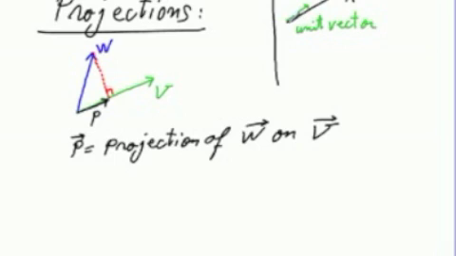Perhaps this A is a long vector and I want to cut it to size, make it like a standard yardstick. What should I do to A to get this unit vector? Let's call this U the unit vector for me. Suppose A has length 5. What should I do to A to cut it down to size? Divide it by whatever its length is.